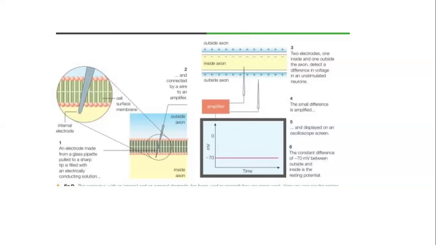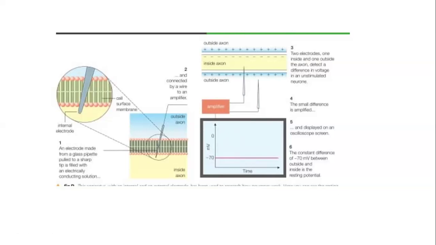They found there is a constant difference of minus 70 millivolts between outside and inside at resting potential. By doing this experiment, they found out this minus 70. That is the voltage in resting potential.